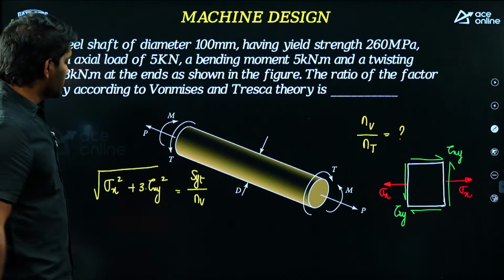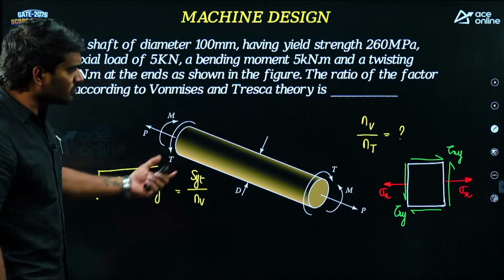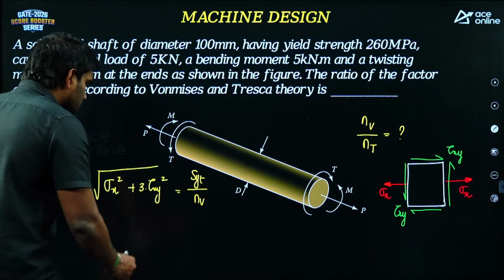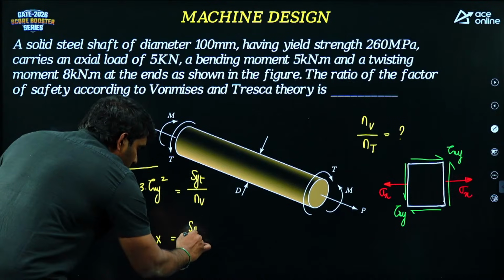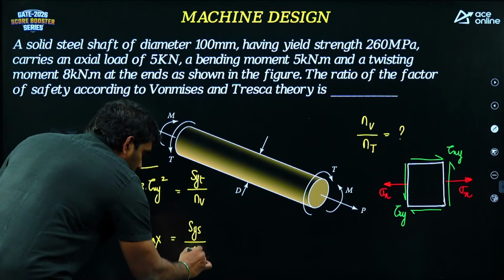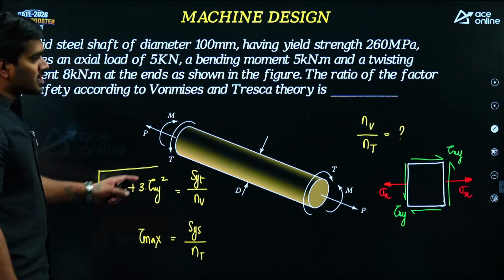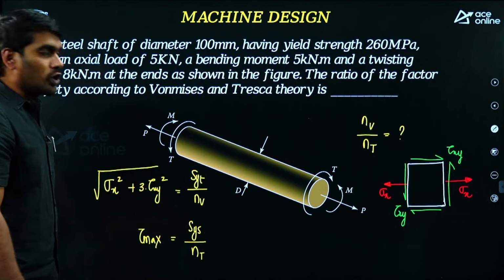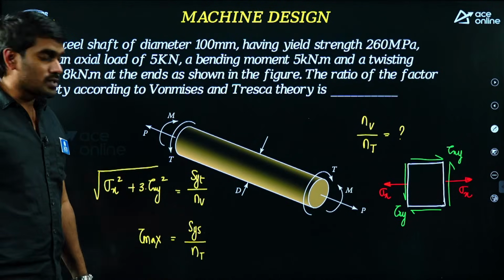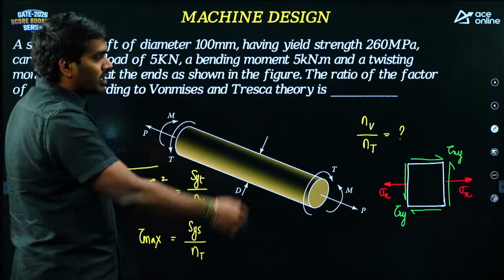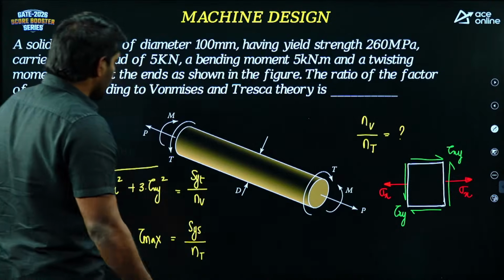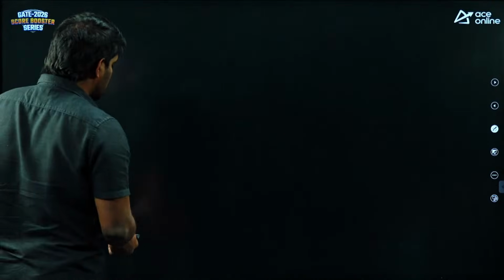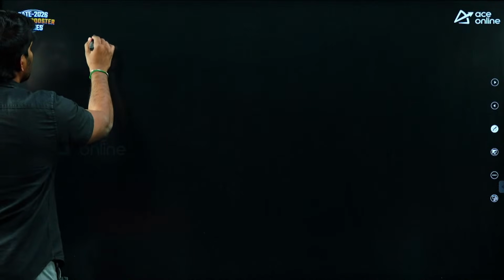Similarly, the equation according to Tresca is: tau max is equal to SYS divided by factor of safety NT. For this specific case, tau max is nothing but the radius, and we need to identify it for the given loading condition. So from here, let's substitute the values.